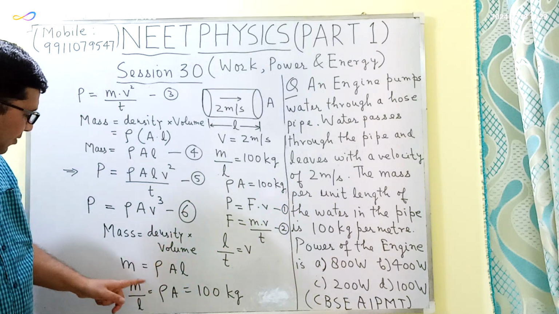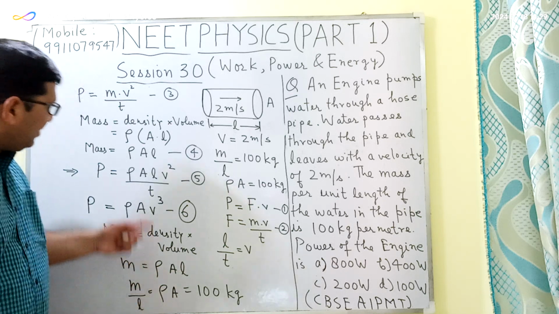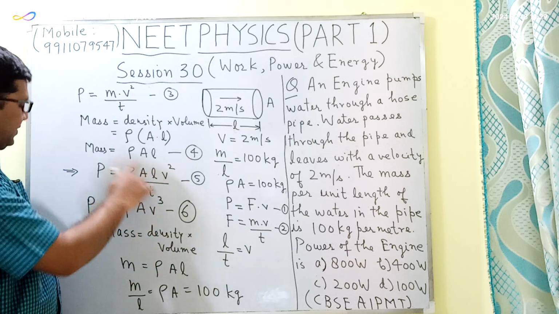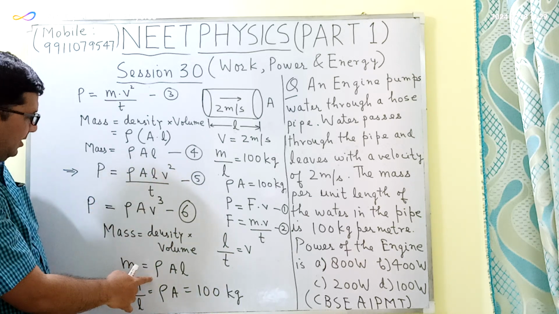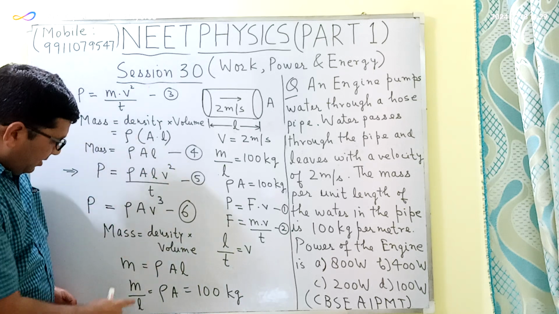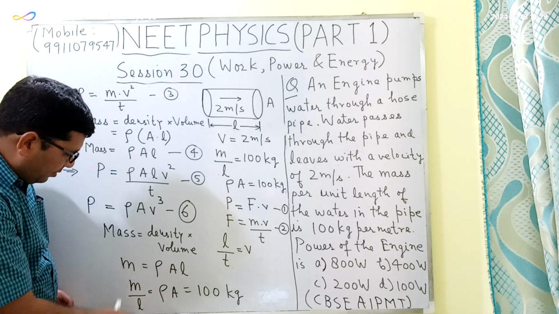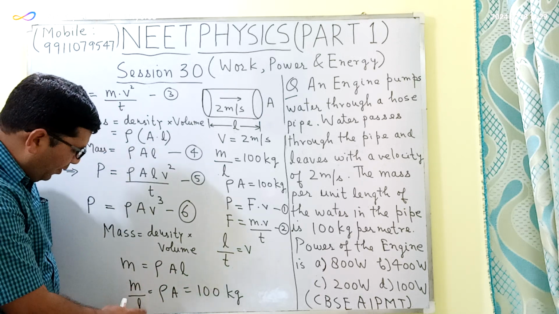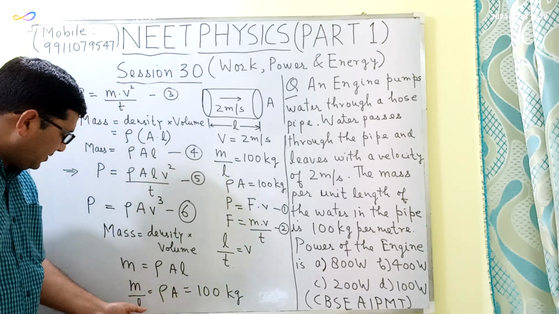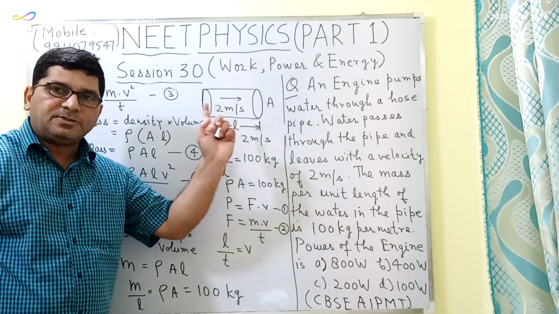Mass is equal to density into volume, so mass is equal to rho into A into L, the same as equation number 4. Dividing on both sides by L, M upon L is equal to rho into A, which is 100 kg, as given in this question.